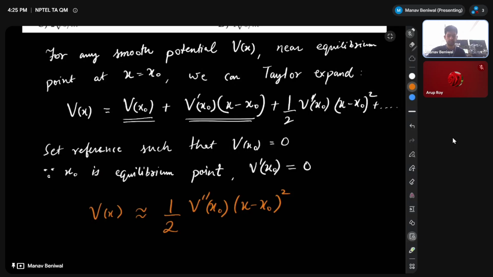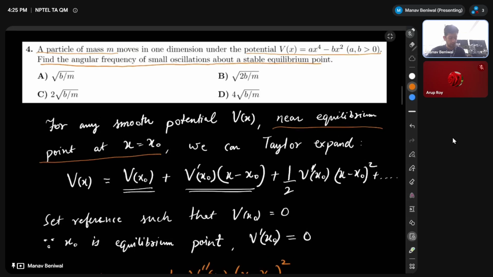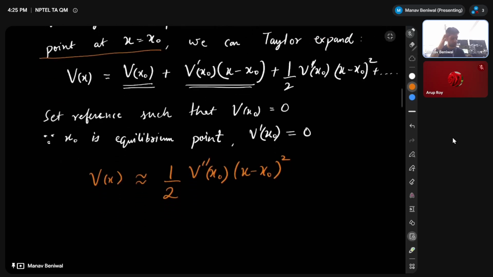And we can neglect the higher order terms because we are just considering small oscillations near the equilibrium point at x equals x naught. And in the question also, they are just talking about small oscillation. So this is the general equation.